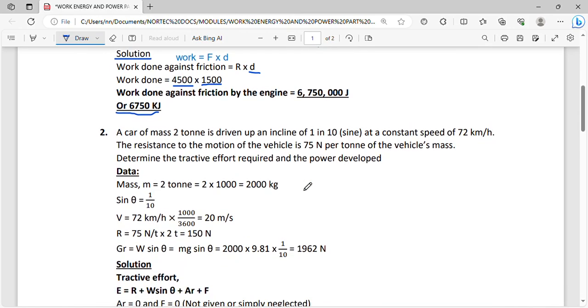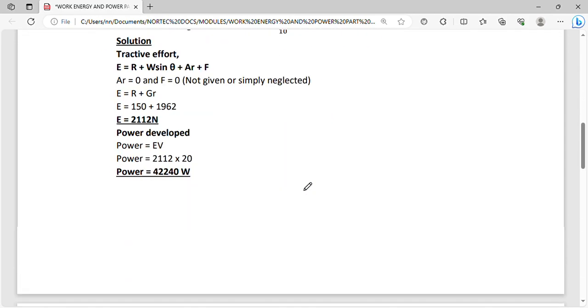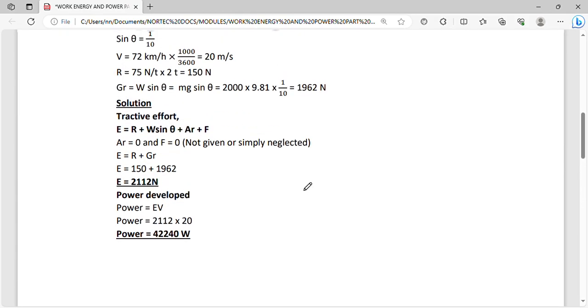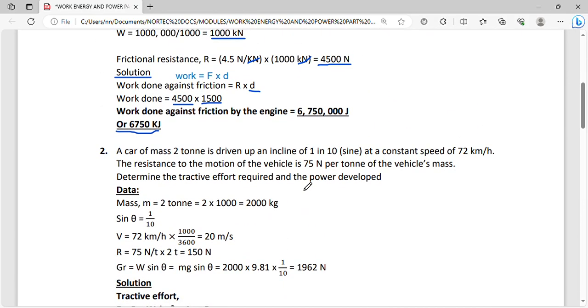Next, we have the second question. We think we have three of them. The second question says a car having a mass of 2 tons is driven up an incline of 1 in 10 sine, not the way they put it; we prefer to write it just as sin, S-I-N, at a constant speed of 72 kilometers per hour.